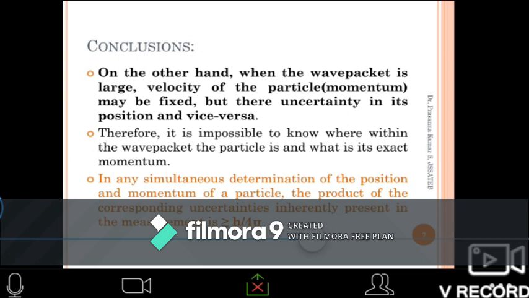If you go by the definition of the Heisenberg uncertainty principle, in any simultaneous determination of position and momentum of a particle, the product of their corresponding uncertainties inherently present in the measurement is greater than or equal to h by 4 pi. It means in the measurement of position and momentum of the particle, the measured values are not exact. They are already associated with some inherent error, that is delta x and delta p. Their product is greater than or equal to h by 4 pi.